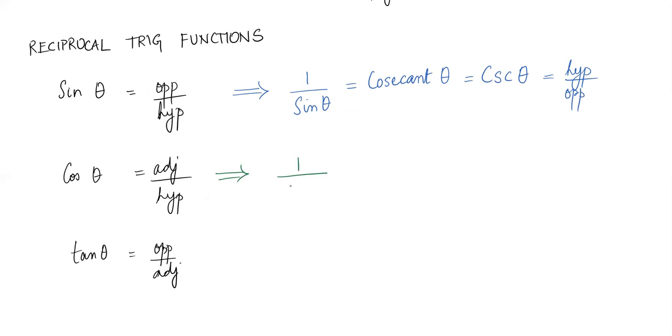And then we have cosine. The reciprocal of cosine is 1 over cosine theta, and it has a new name. It's called secant theta, and the shortcut is SEC. Adjacent over hypotenuse is cosine, so the reciprocal, secant, would be hypotenuse over adjacent.